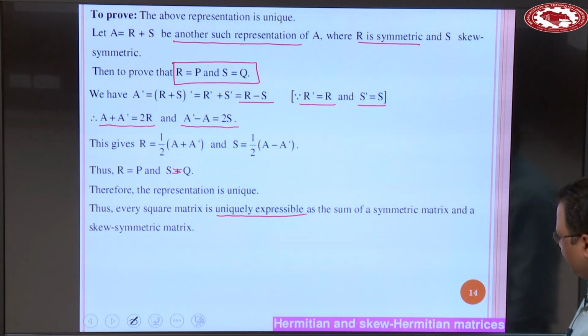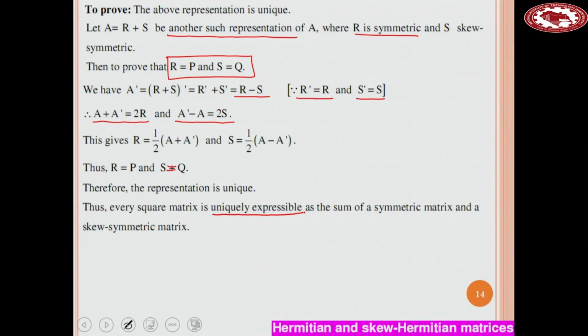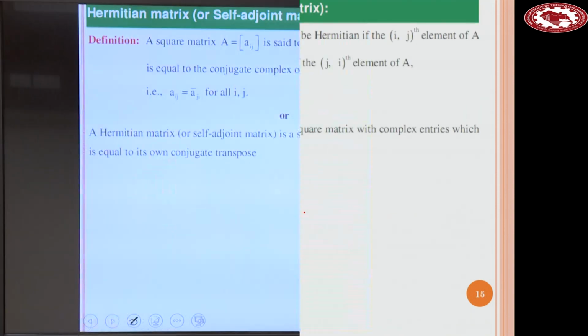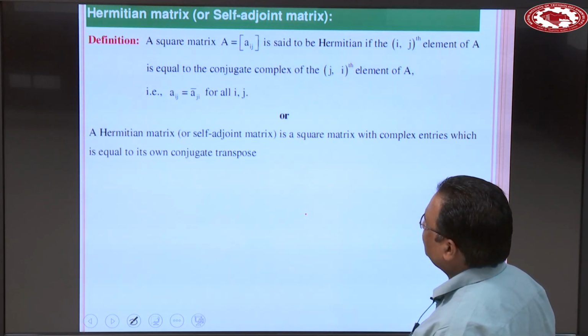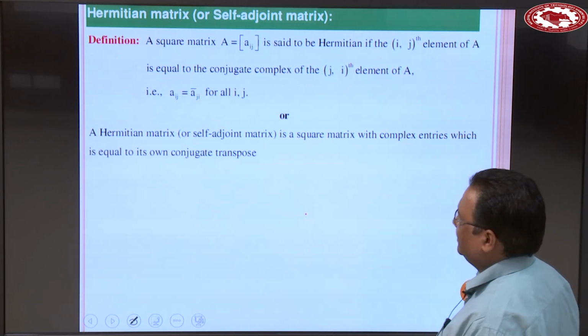So, we have two more definitions, Hermitian matrix and skew Hermitian matrix. These are complex matrices. So, what is a Hermitian matrix? Hermitian matrix is also known as self-adjoint matrix.